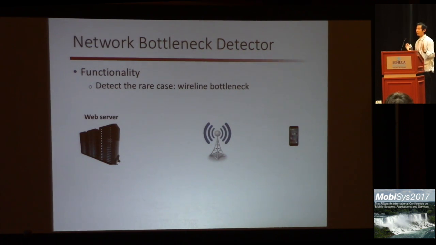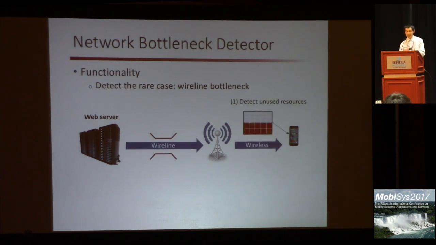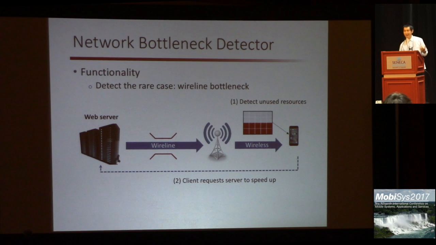Our above design assumes the cellular downlink is the network bottleneck, but in practice, it may not always be that way. So we have the network bottleneck detector to handle this. The basic workflow is like this. First, the client will monitor the cellular downlink channel for the available resources and ask the server to speed up and fully utilize this resource.